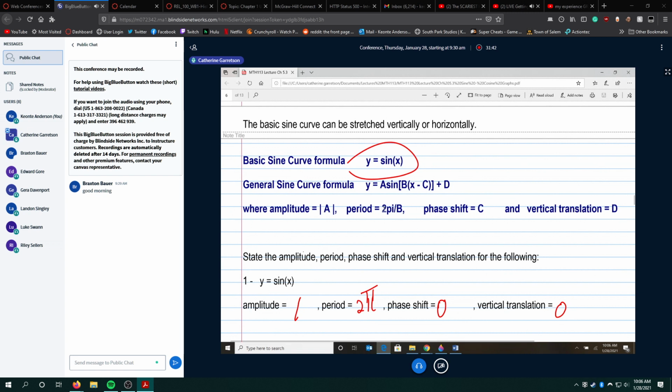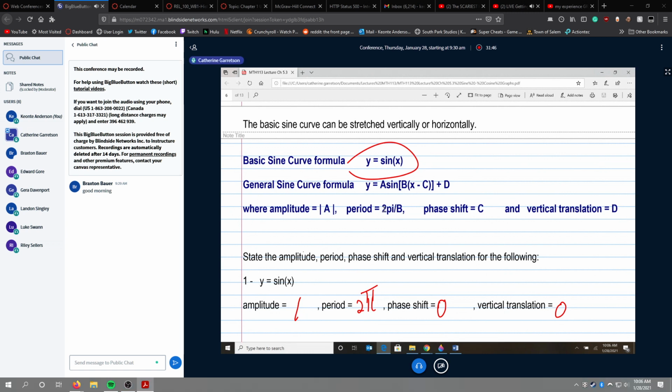Now, there's another thing you can do to change the shape. This time, this vertically changes the shape. So just like in algebra, if you multiply the front of the function by a number, you could stretch it or shrink it vertically.